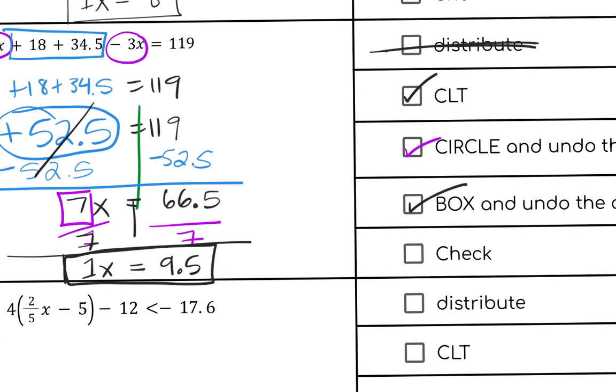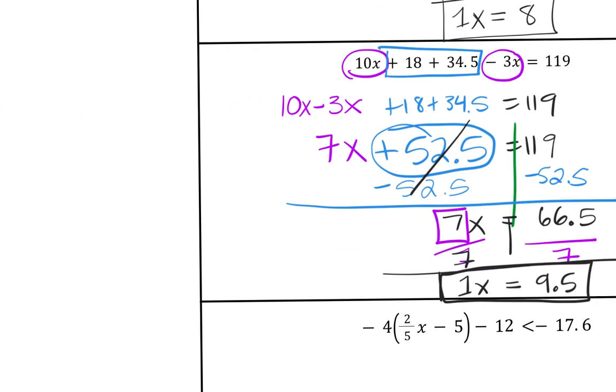So again, what it would look like to check our work is to go back to the original equation. And every time instead of x, I'm going to put 9.5. So 10 times 9.5 plus 18 plus 34.5 minus 3 times 9.5.